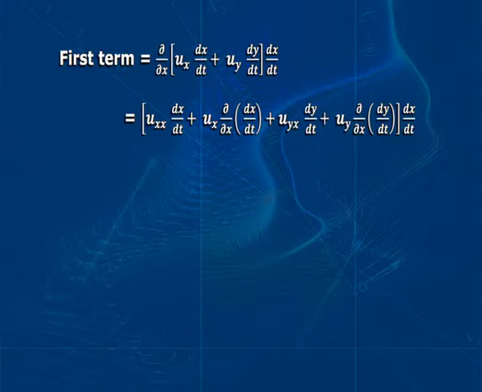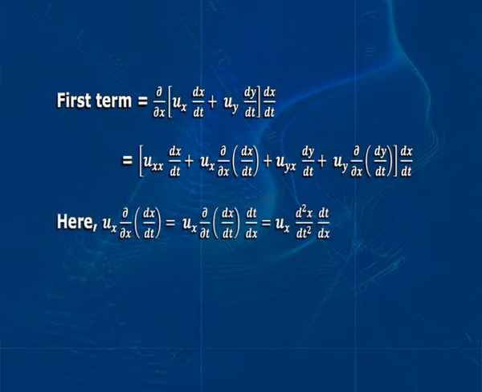which is equal to uxx dx by dt plus ux del over del x of dx by dt plus uyx dy by dt plus uy del over del x of dy by dt, times dx by dt.